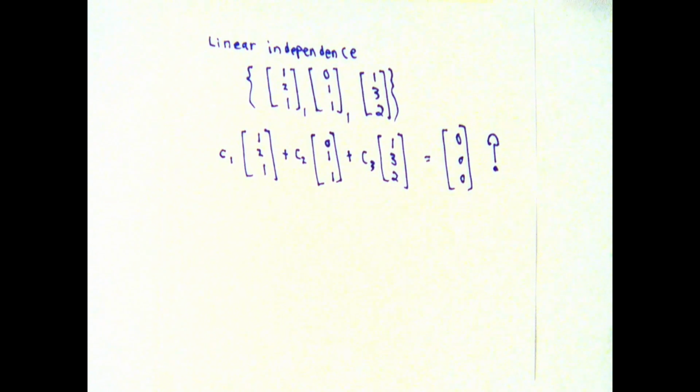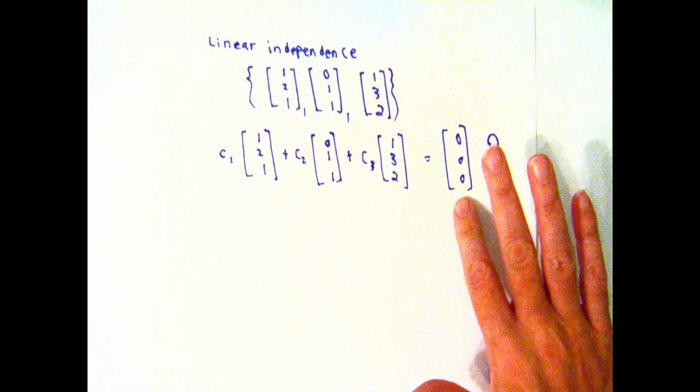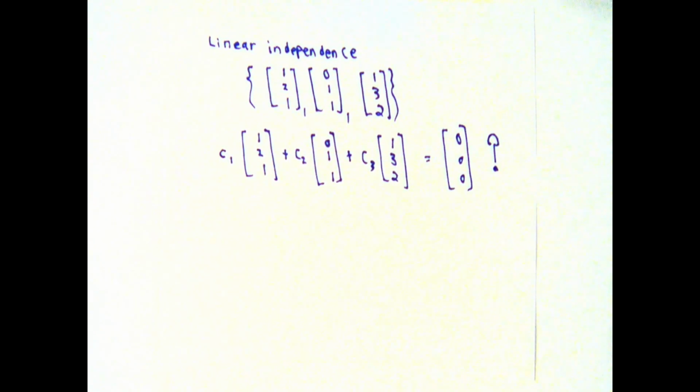If it turns out that the only way to make this sum come up that way is for all of the C numbers to be 0, then we say the set of vectors is linearly independent.